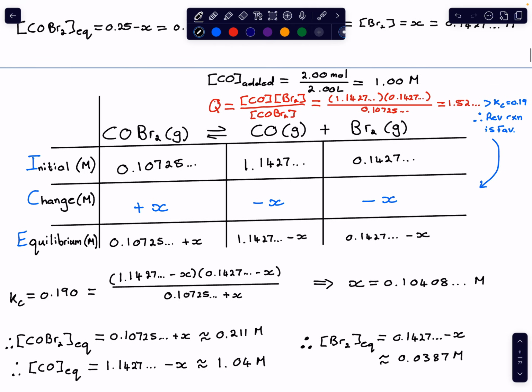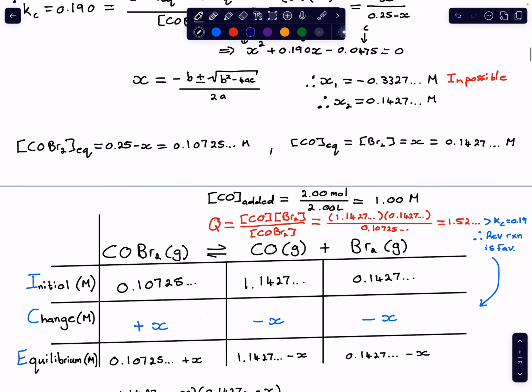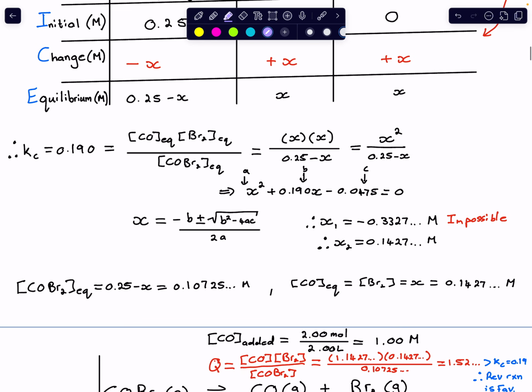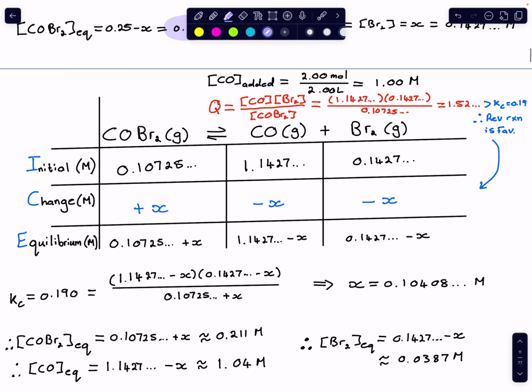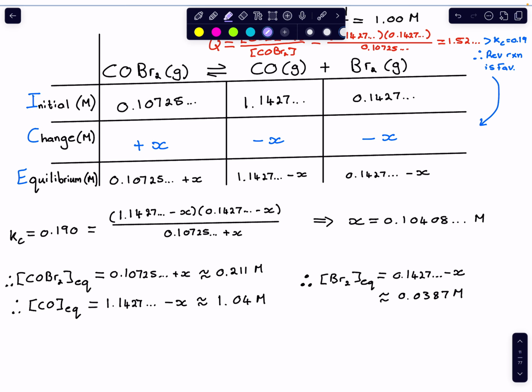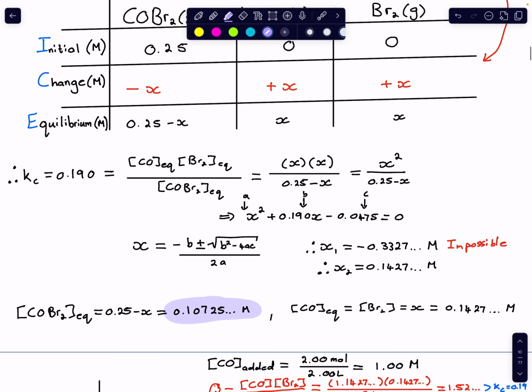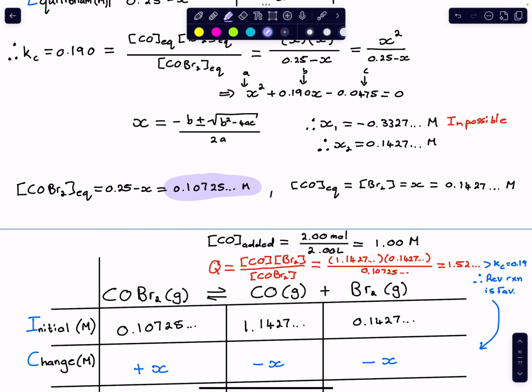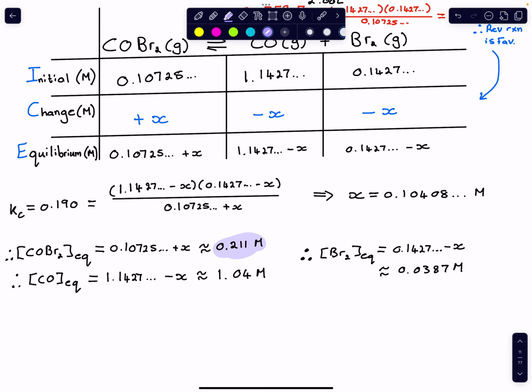So do you notice the differences between the values of carbonyl bromide in the first equilibrium and after adding carbon monoxide? Our amount of carbonyl bromide has increased. It's almost doubled. It went from 0.1 to 0.2.